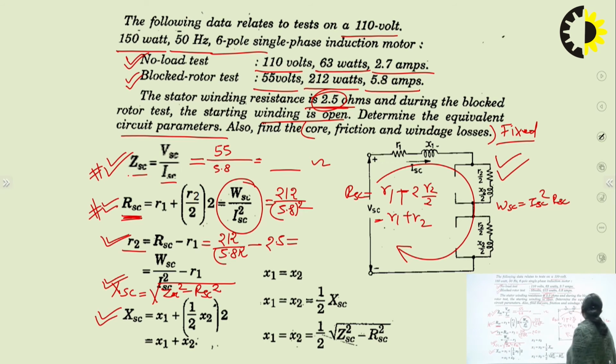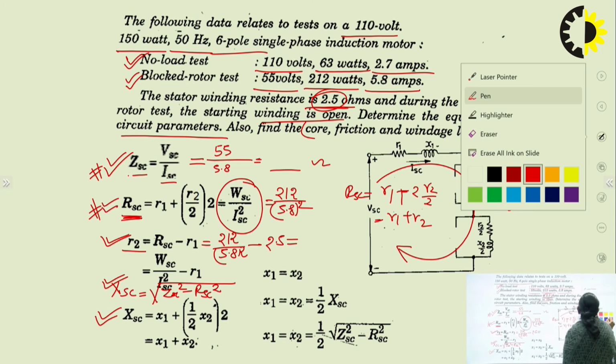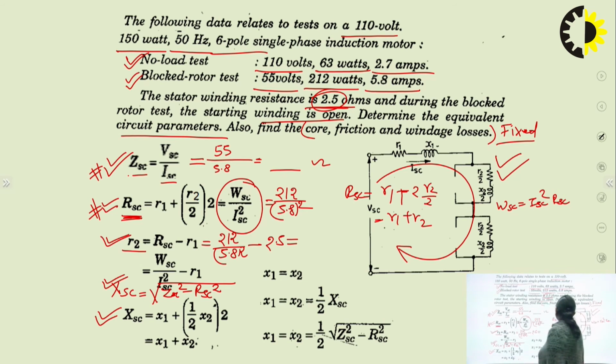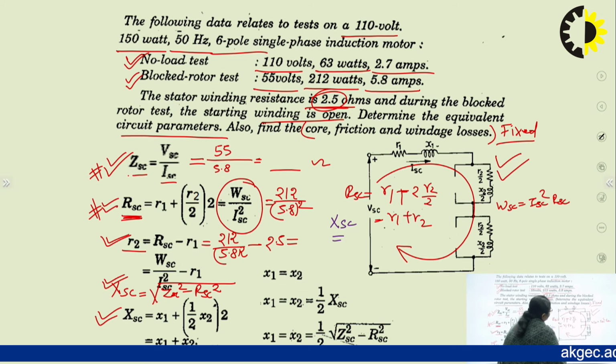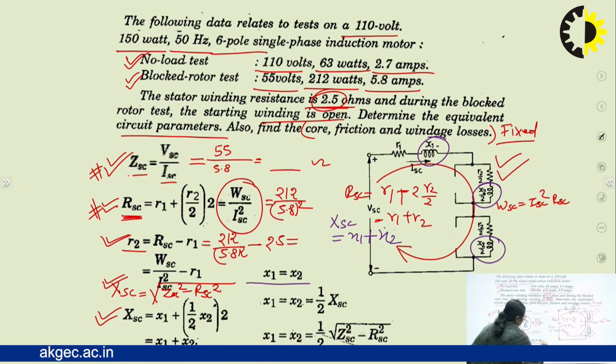Now let us see in the equivalent circuit what the short circuit reactance would actually be under this condition. What I can see is the summation of X1, X2 by 2 and X2 by 2. So simply XSC is equal to X1 plus X2, right?